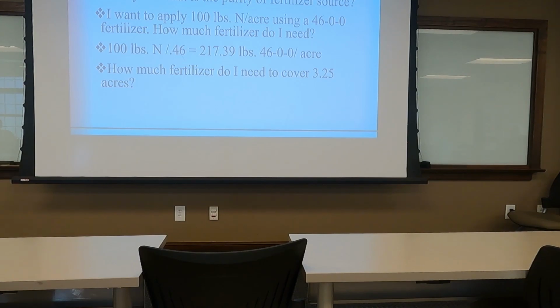Is this making sense so far? So we would multiply our 218 pounds times the size of our farm. We'd call the co-op up and say, hey, listen, I need you to put about 700, let's just make it 750 because we're never going to scrape some off the ground. Put about 750 pounds of urea on field 3.